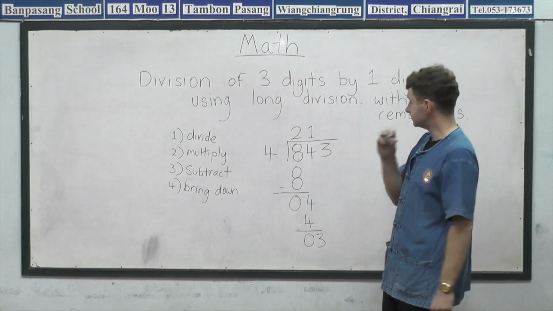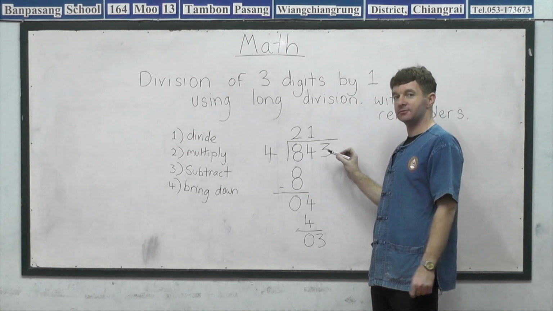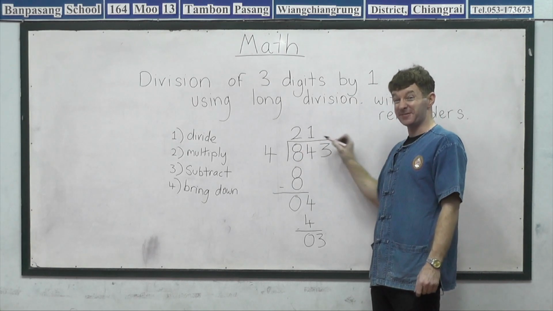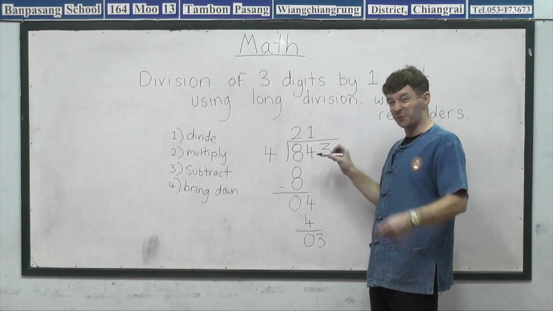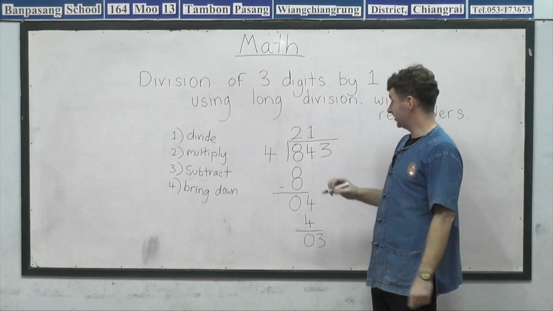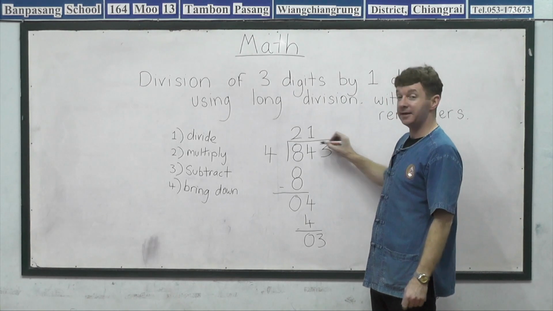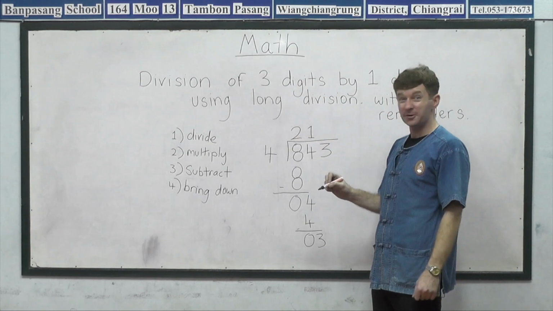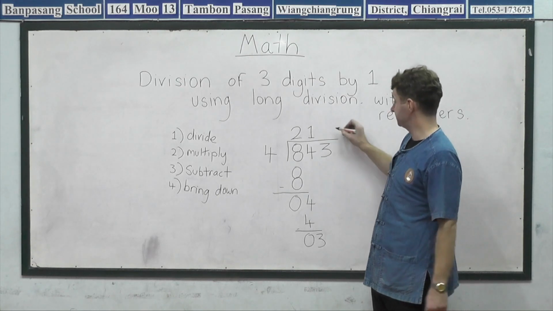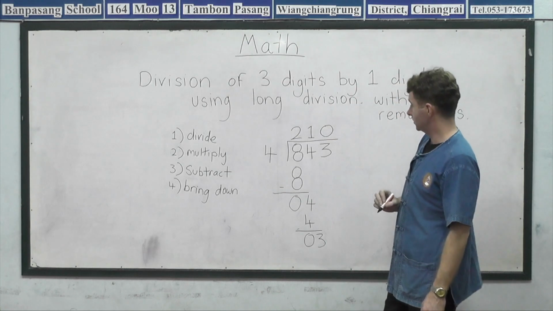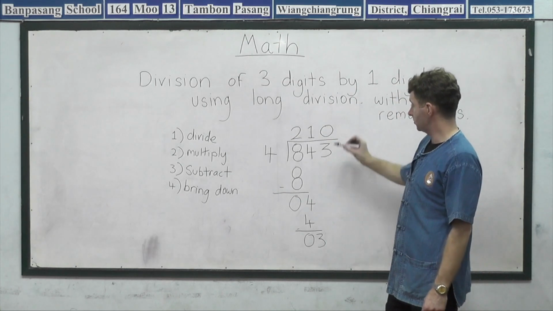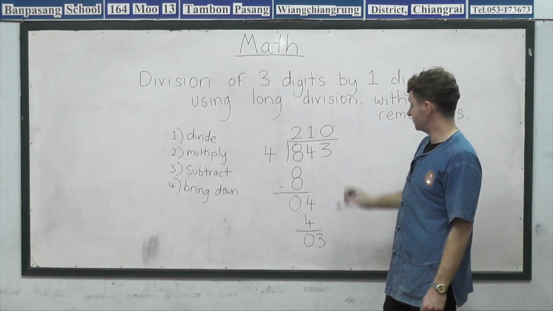Now, how many times does 4 fit into 3? 0. 4 is bigger than 3. So, 3 divided by 4, we cannot. It's 0. Because we cannot do it. So what do we do? We have to bring down this number here.